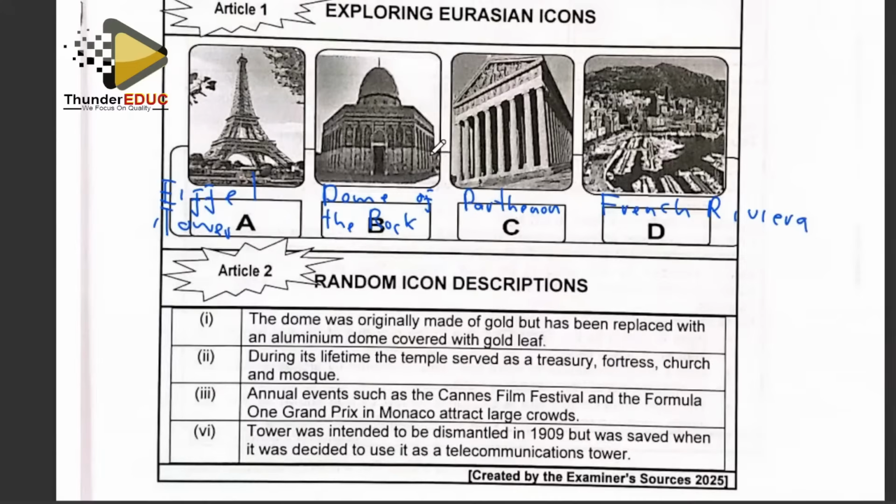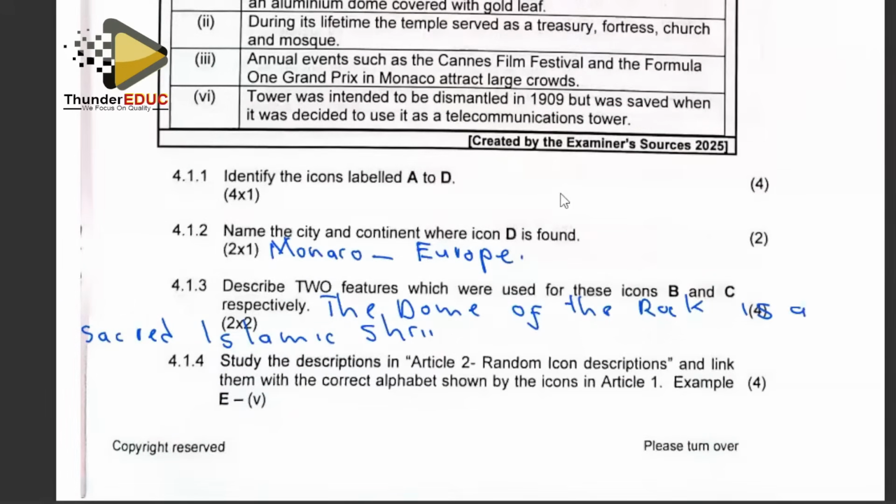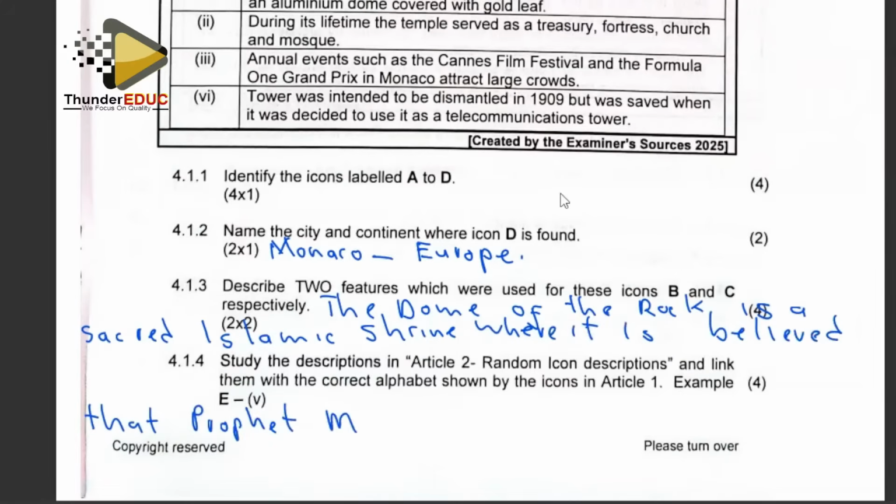So if you start with the Dome of the Rock, the Dome of the Rock is a sacred Islamic shrine where it is believed that Prophet Muhammad ascended to heaven from.